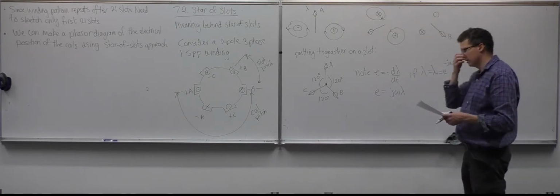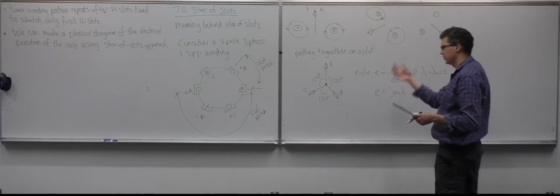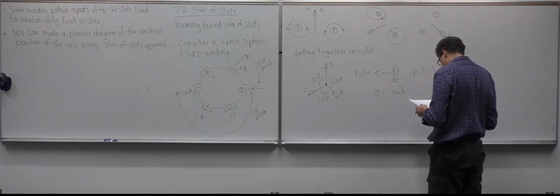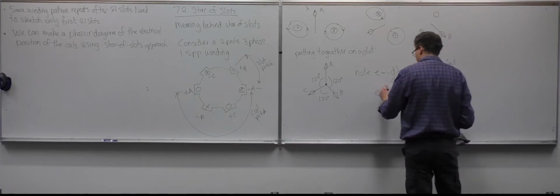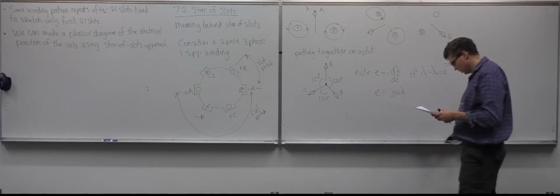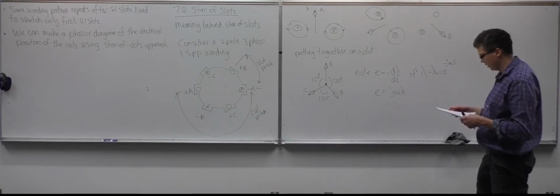So the induced voltage is always trying to oppose the change in flux with time, so the voltage would be phase shifted by 90 degrees with respect to the flux.